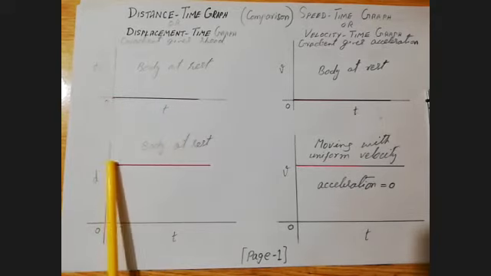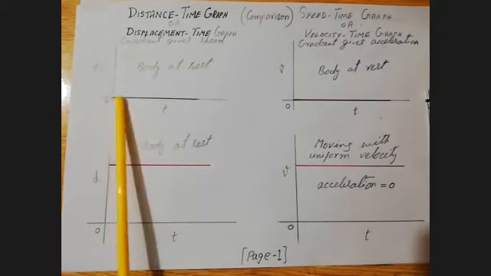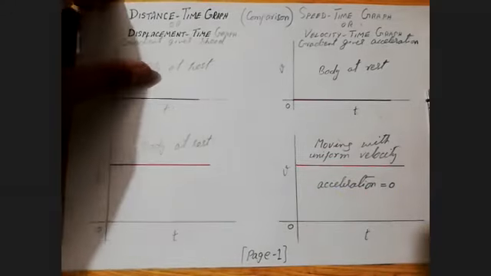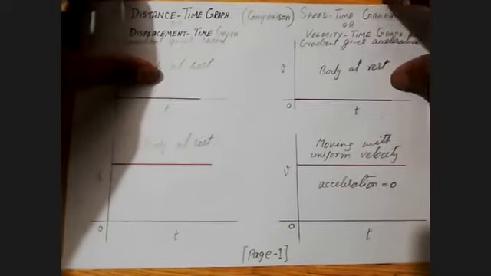It means the speed is zero because these two horizontal lines have gradient zero. This horizontal line is showing that the velocity is zero, so there is no question of acceleration. Now this horizontal line is showing that the body is moving with uniform velocity, which means acceleration is zero.